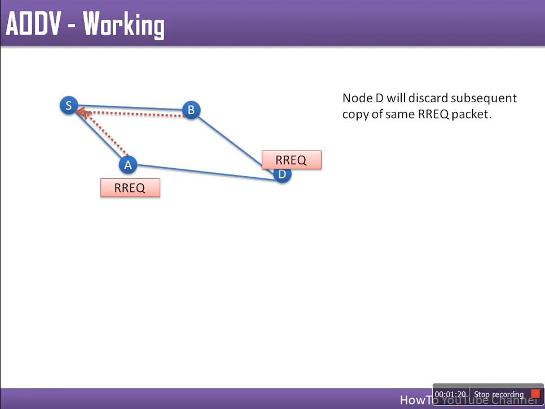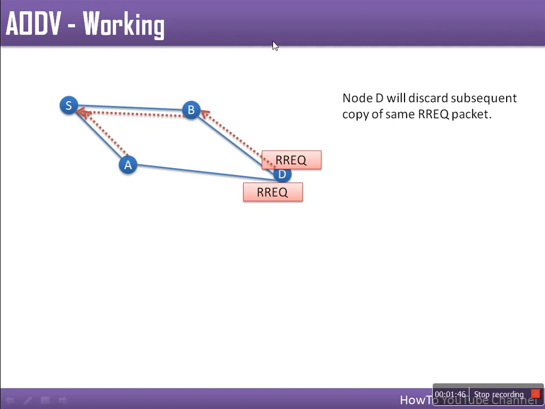In such cases, as you can see, node D receives two route request packets. In AODV, if a node receives multiple copies of the same route request packet, only the first route request packet will be entertained, and all other packets coming after that will simply be dropped.